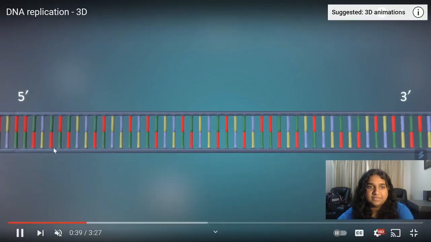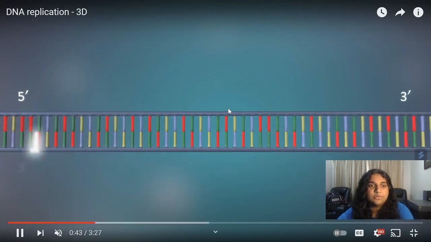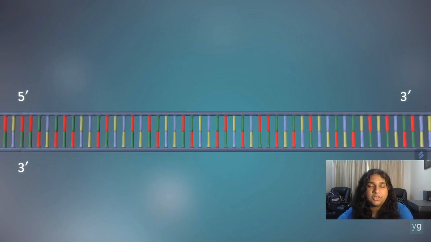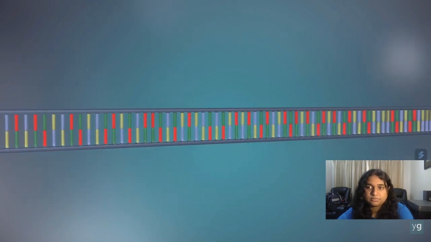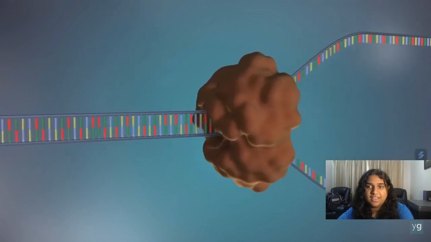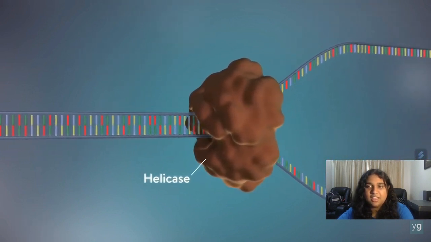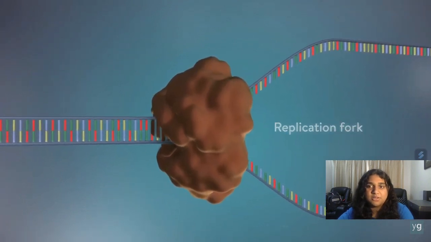So we have 5' end, 3' end, depending on what sugar the phosphate group is bonded to. So here we have helicase coming in, breaking the hydrogen bonds and exposing the bases in something called a replication fork.